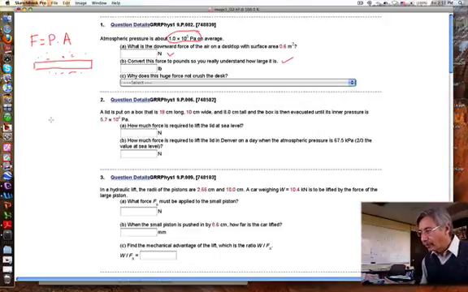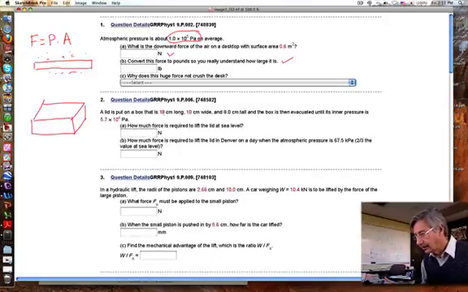Now number two, you have a box that has dimensions: a length, a width, and a height. So this is roughly your box. The dimensions are all given here.